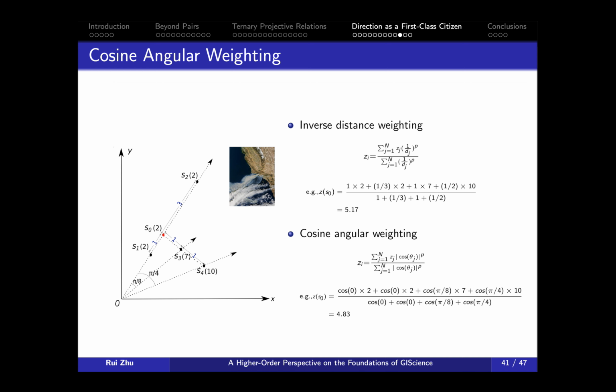In contrast, if we consider directional effect, that the smoke is from the northeast to southwest, we then can assign a larger weight to S2 than to S3, as the direction from S2 to S0 is closer to the smoke propagation direction. Therefore, compared to the inverse distance weighting, the cosine angular weighting approach achieves a more accurate estimation to the true value at S0.